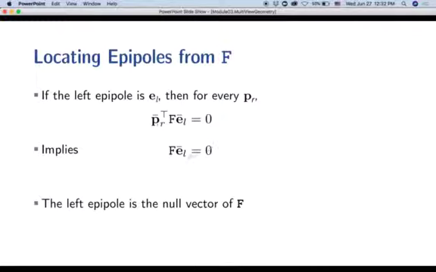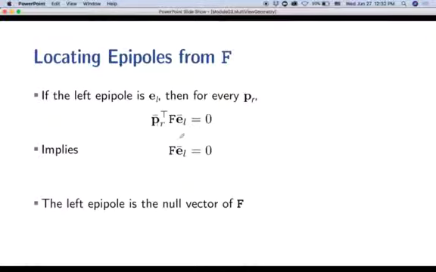And if F EL is 0, then EL is the right null vector of F. Okay, so that's really neat. I have F, and I can find the epipole very simply by finding the null vector of F. And there should definitely exist a null vector because F has a rank deficiency. So that's what the null vector is specifying for you.